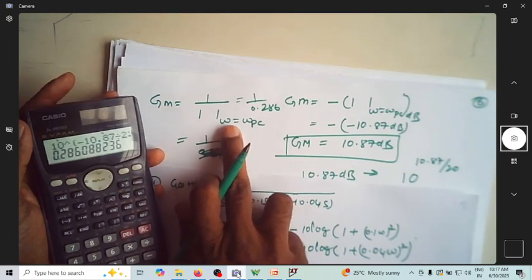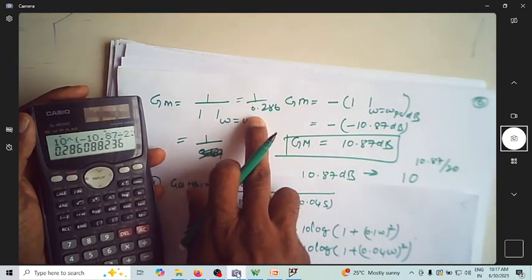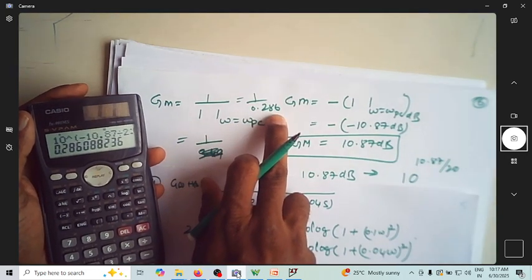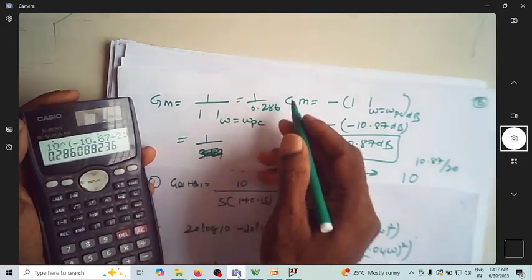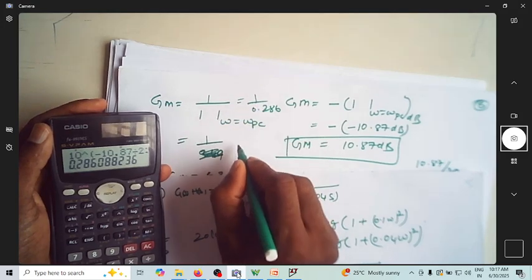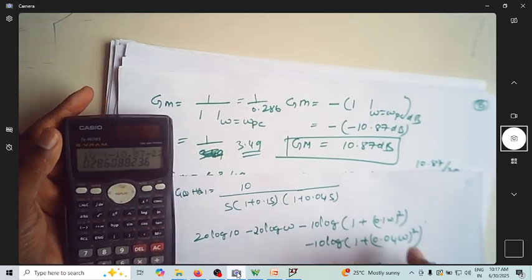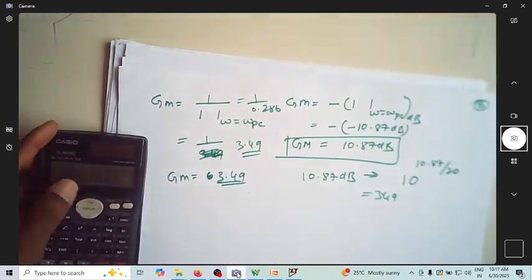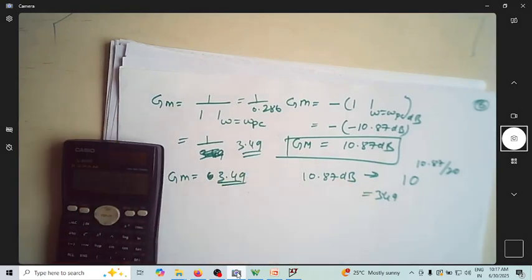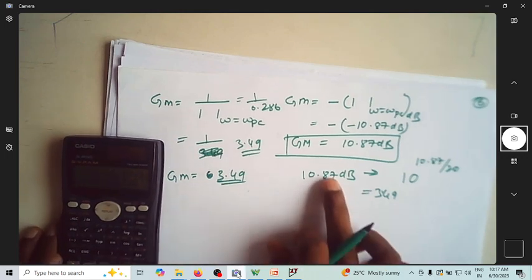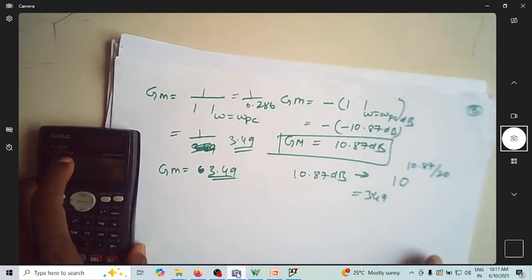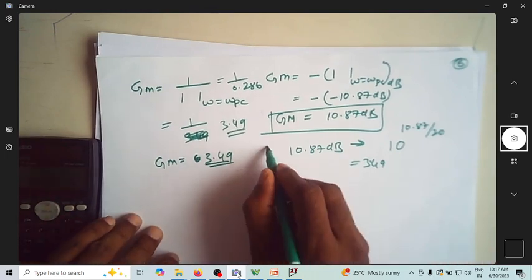So magnitude at omega equal to omega PC would be 0.287. Then gain margin is 1 over that, so it is 3.49. So we obtained the gain margin as 3.49, or in dBs it is 10.87 dBs. So this is gain margin.